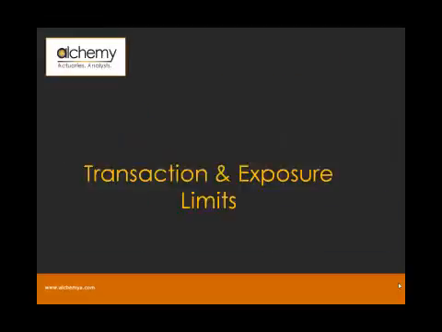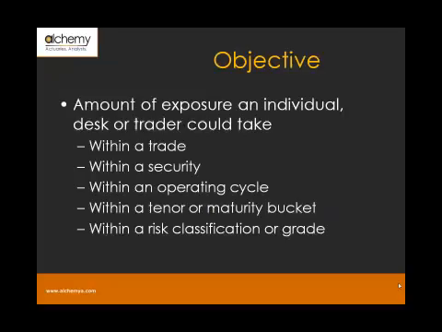So the first type of limit that we saw were counterparty limits, and while there were gross counterparty limits, what we really focused on in the previous section was pre-settlement risk, a different type of counterparty limit. We now look at transaction and exposure limits. Now the objective of transaction and exposure limits is to ensure that an individual or a desk or a trader can only take on a limited amount of exposure with respect to the risk profile of a bank.